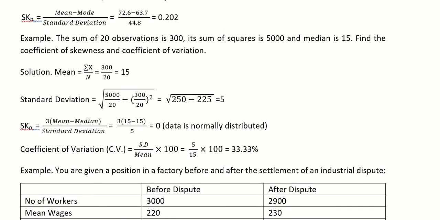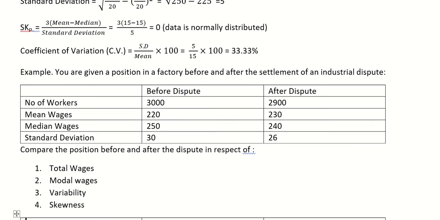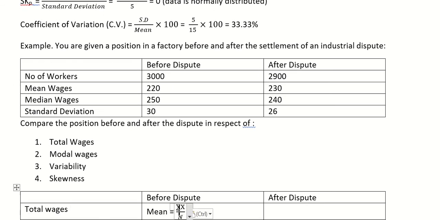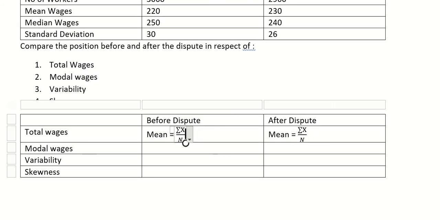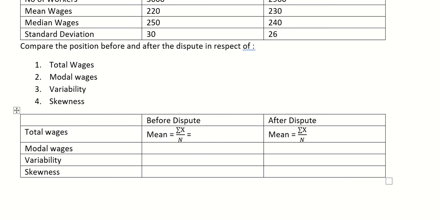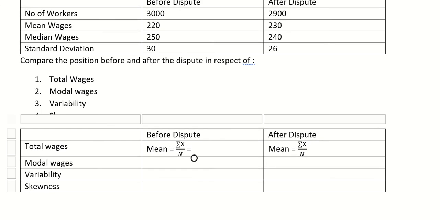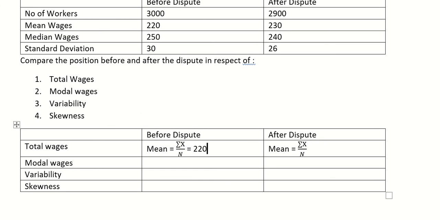So the formula for mean is this. The mean is given to us as 220. Now n is the number of workers, earlier 3000. So I'm just cross multiplying.